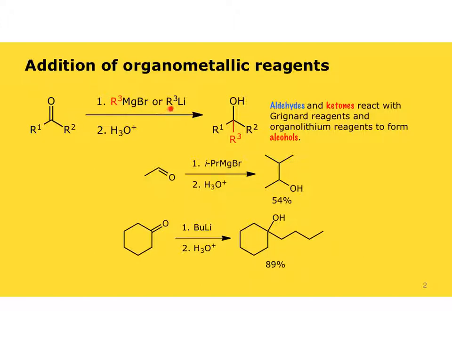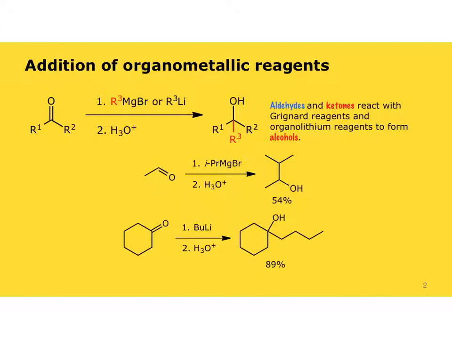So the Grignard reagent or the alkyl lithium, for reasons we talked about last semester, have to be made and handled under anhydrous conditions. Those can be reacted with aldehydes or ketones, and then in a workup that involves a little aqueous acid, the products isolated are alcohols.